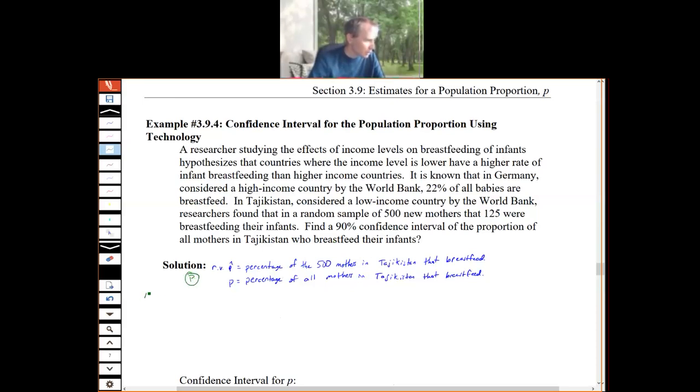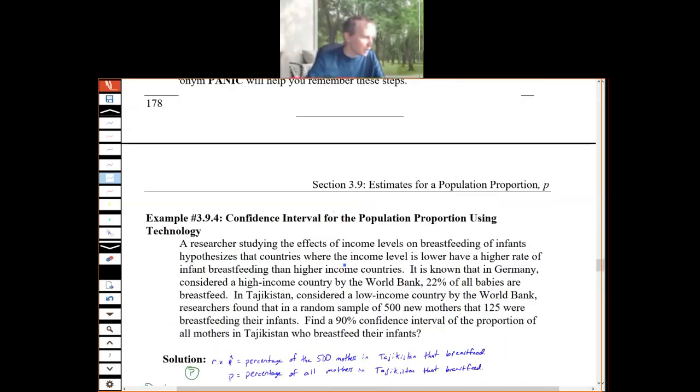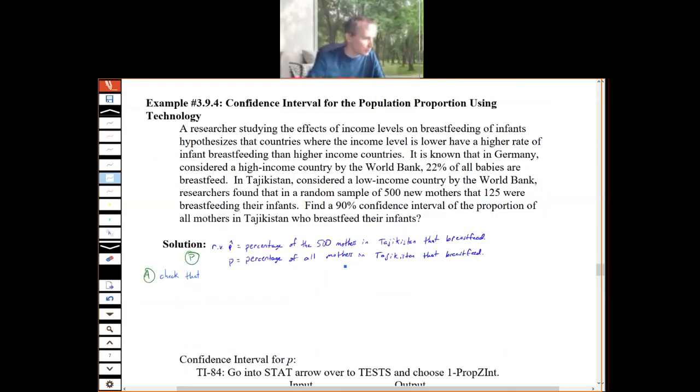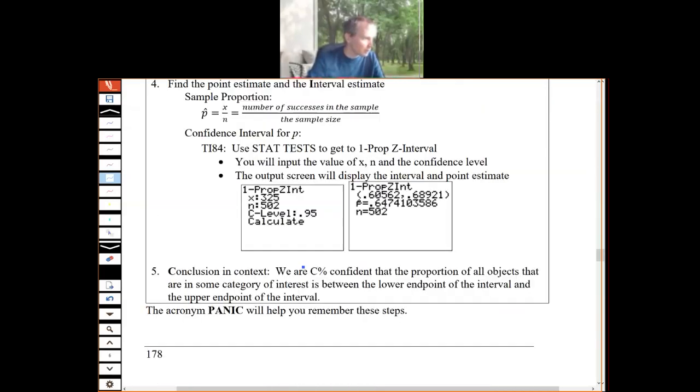Now let's look at the A portion, which is the assumptions. So I need to check that.